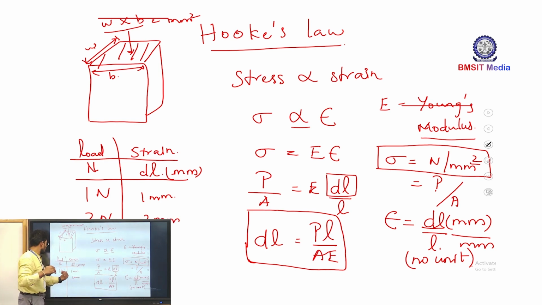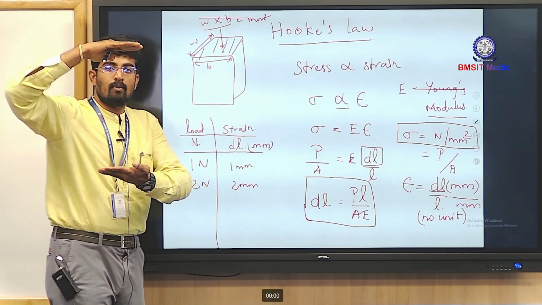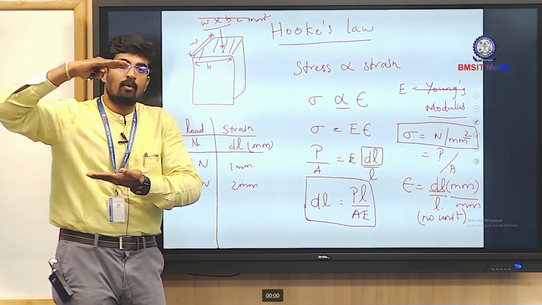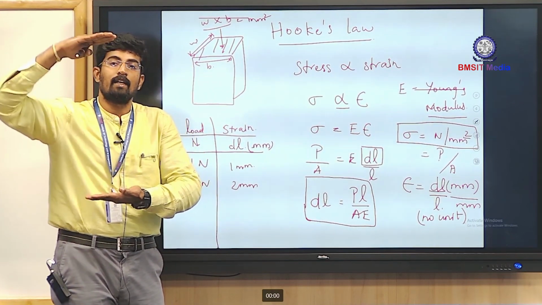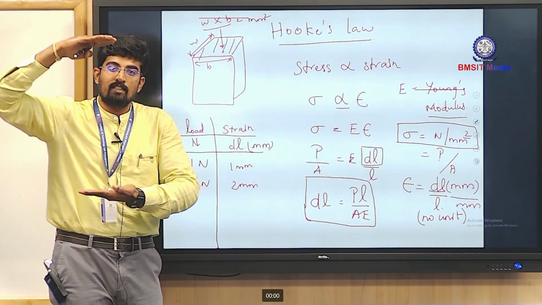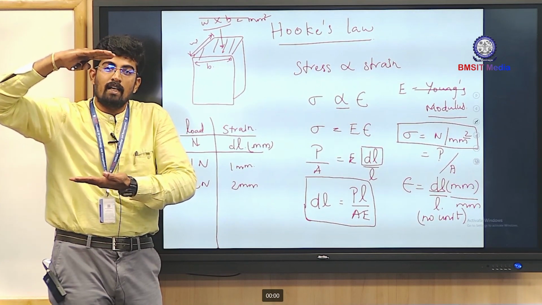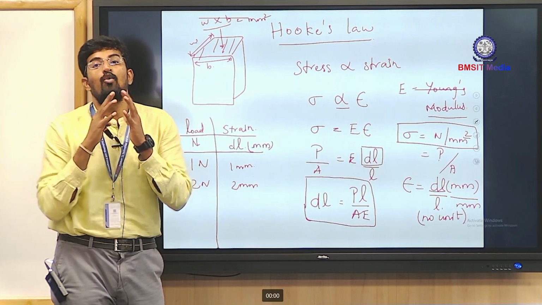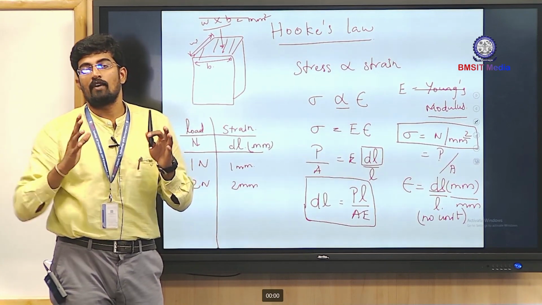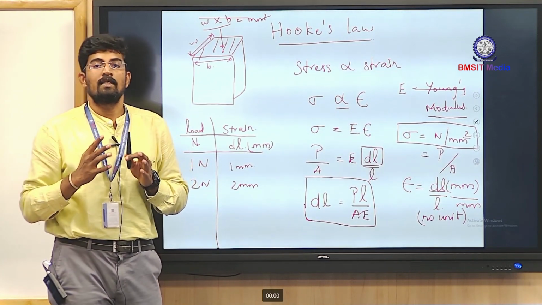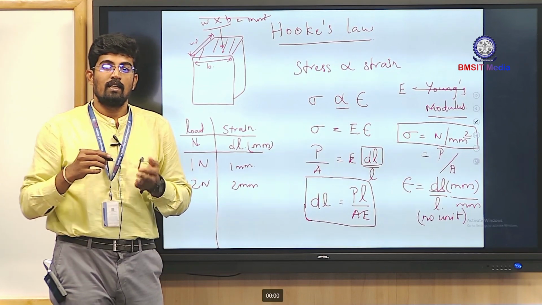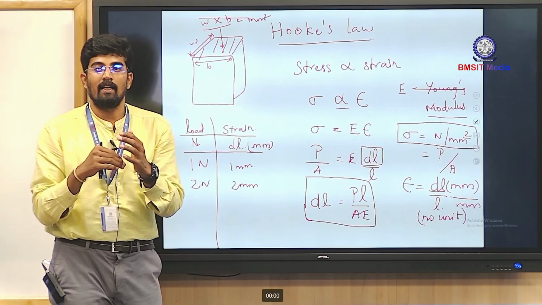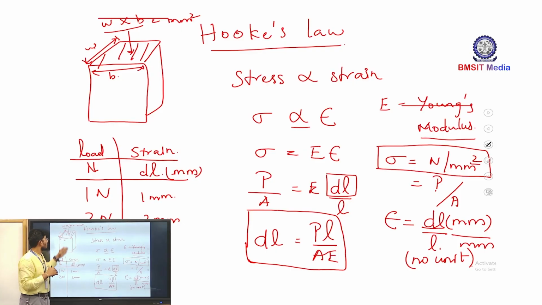The stress that is being applied is directly proportional to the strain, that is change in length by actual length. Hooke's law defines how far it is directly proportional. As long as it is directly proportional, Hooke's law is valid. This is what Hooke's law is trying to say.